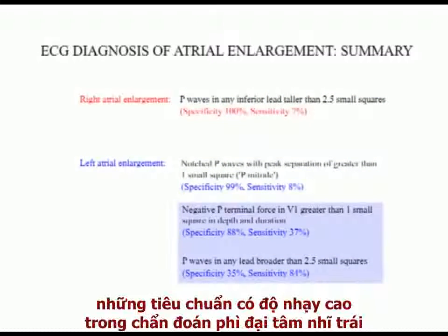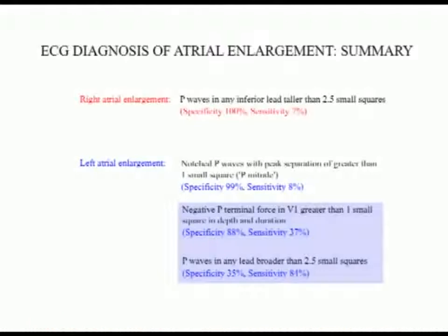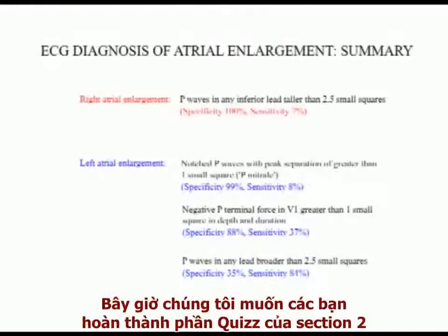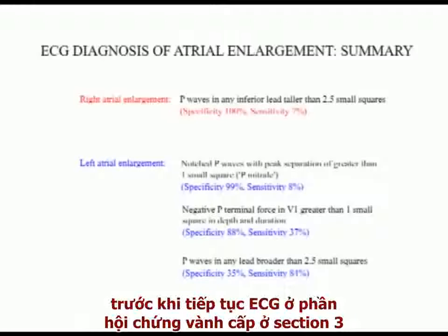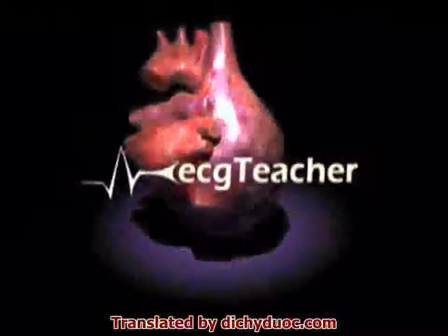Note also that the more sensitive ECG criteria for diagnosing left atrial enlargement are considerably less specific than P mitrale. This is an area we will discuss in more detail in the quiz section. We would now ask you to complete the quiz for section 2 before going on to study the ECG in acute coronary syndromes in section 3.